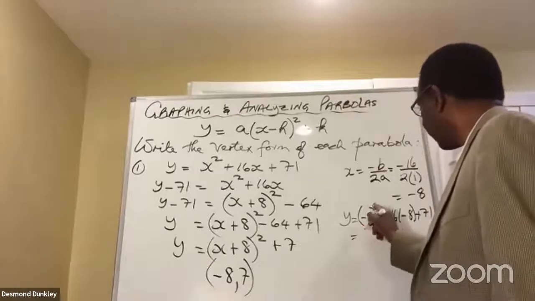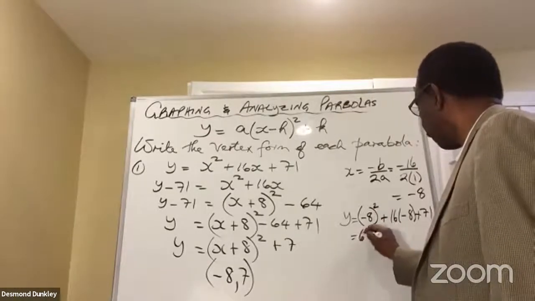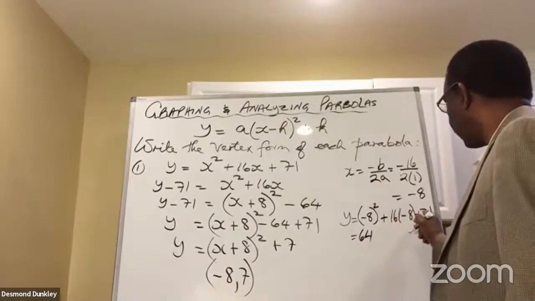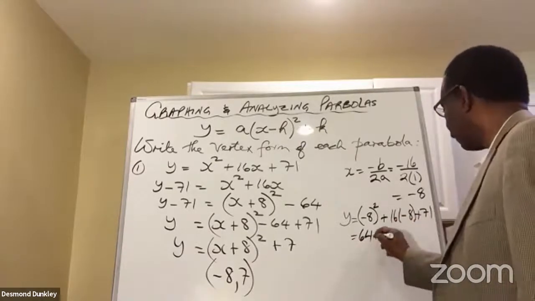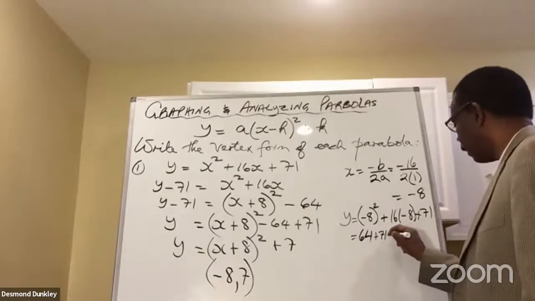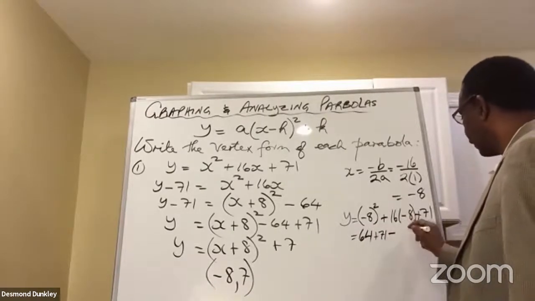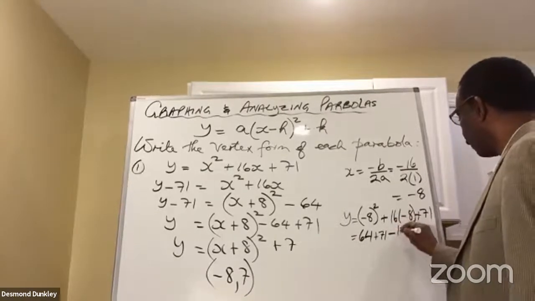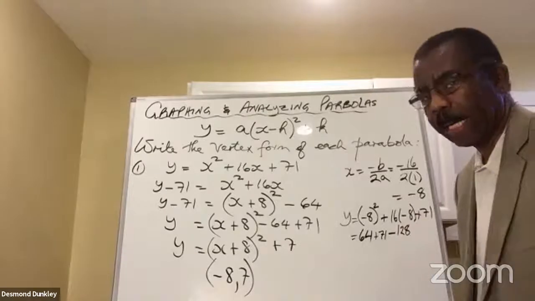So negative 8 times negative 8 gives me 64. And let's put the 71 beside it, plus 71. And then 16 times negative 8 is going to give me minus 128.